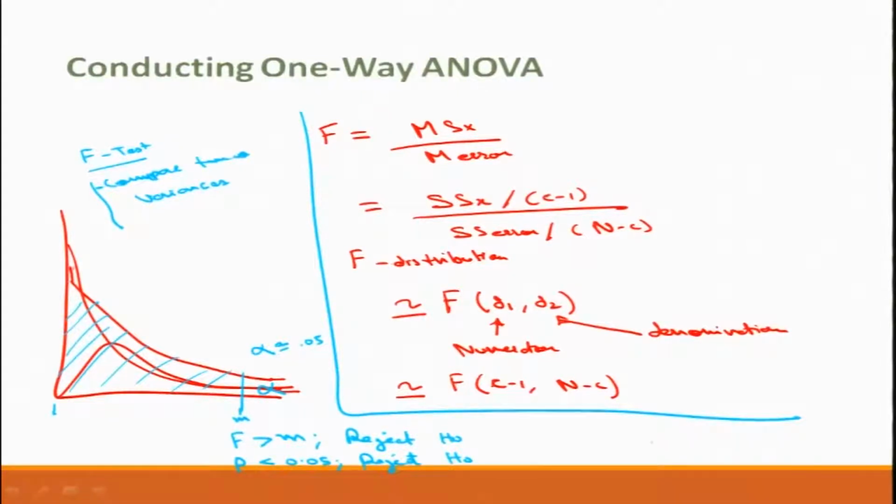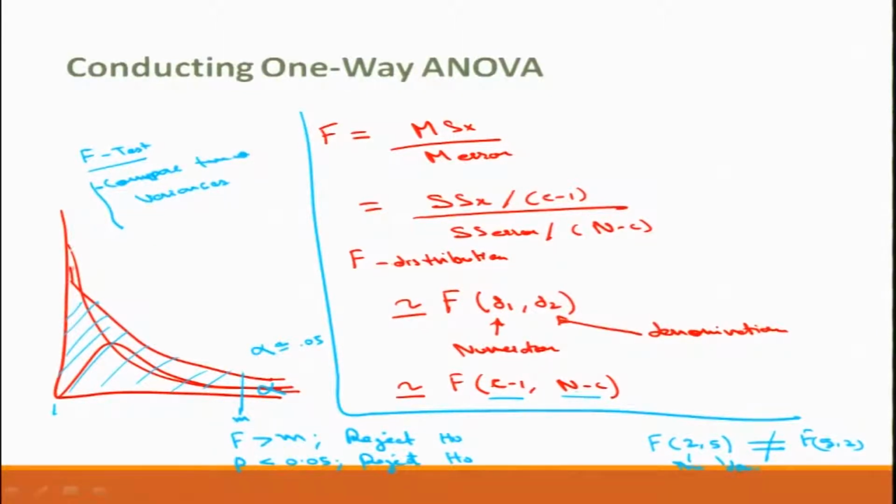And please note here that F 2, 5 is different. This is the numerator, this is the denominator. This is not equal to F 5, 2. So the degrees of freedom for the numerator comes first, for the denominator comes second.